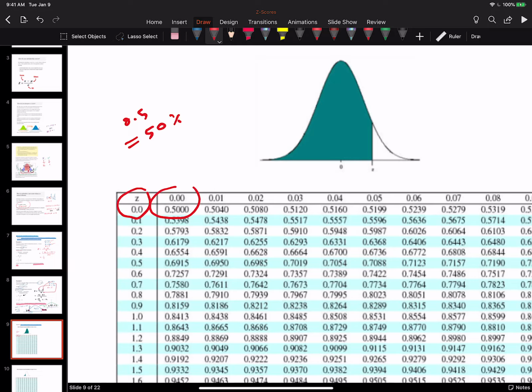Of course, as you move on, for example z equals 0.3 will hold a little bit more, which is about 62%. And if you go even higher, like 0.8, you're controlling about 0.7881. Everything is below in this table. Some books use above, but most books use the graph below. Notice that this table is all from z equals 0 and above, positive z-scores.